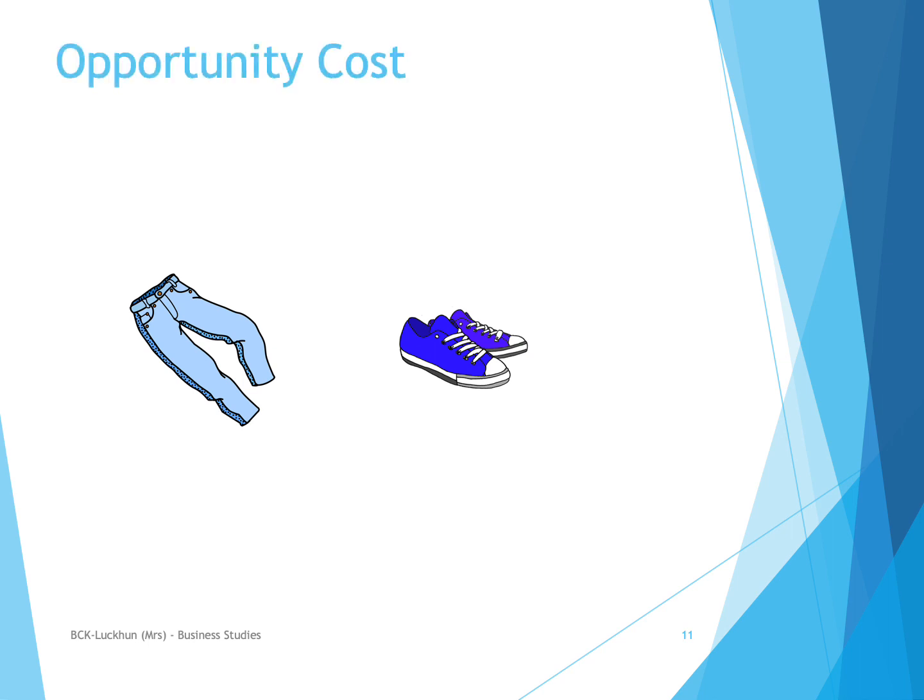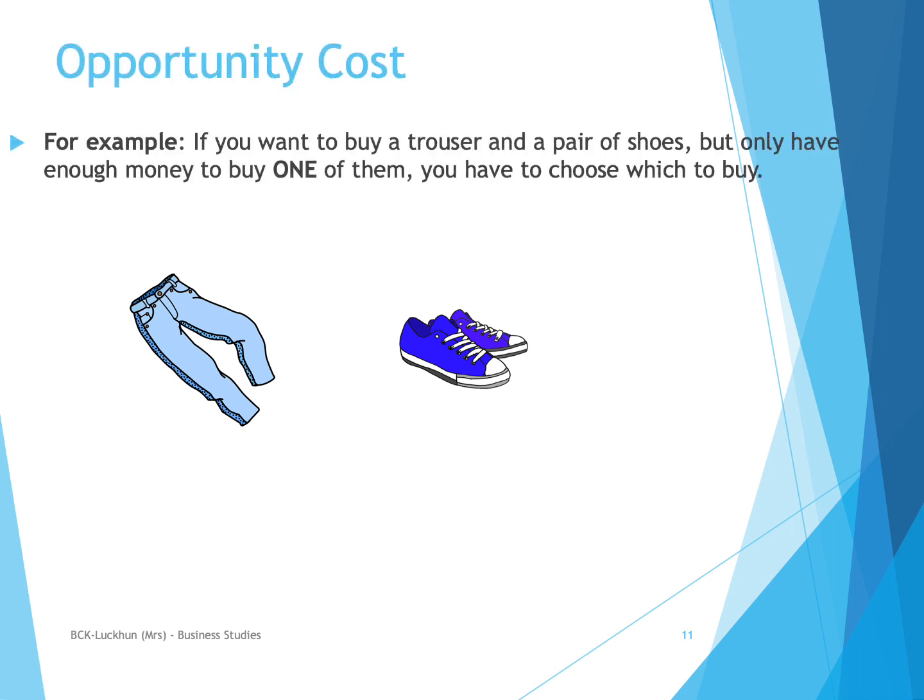Let us have a look at an example on opportunity cost. For example, if you want to buy a trouser and a pair of shoes, but only have enough money to buy one of them. That is, you can buy only one of them. You have to choose which to buy.